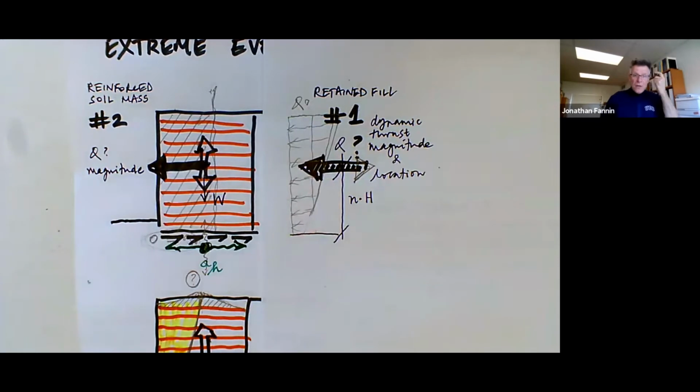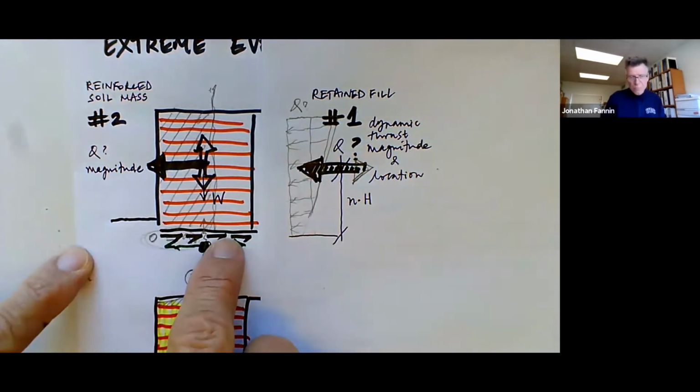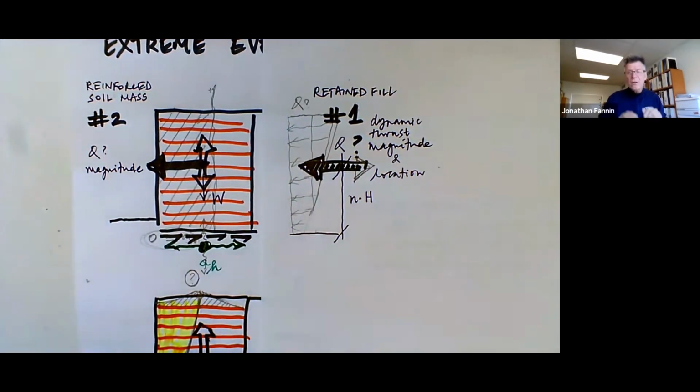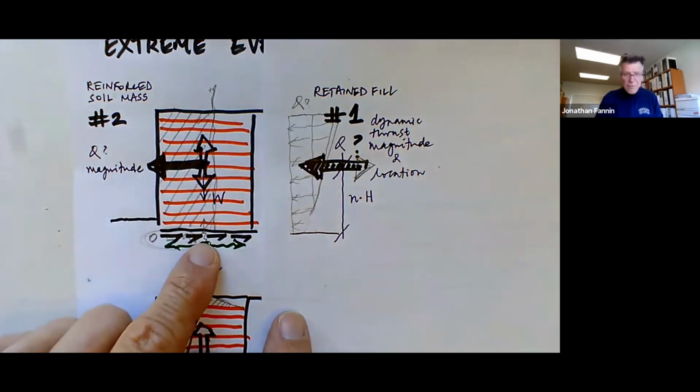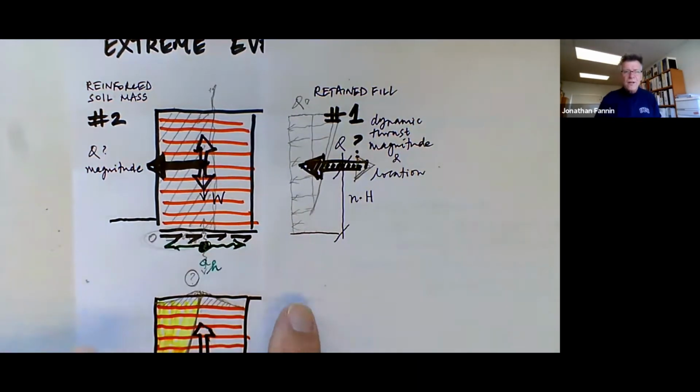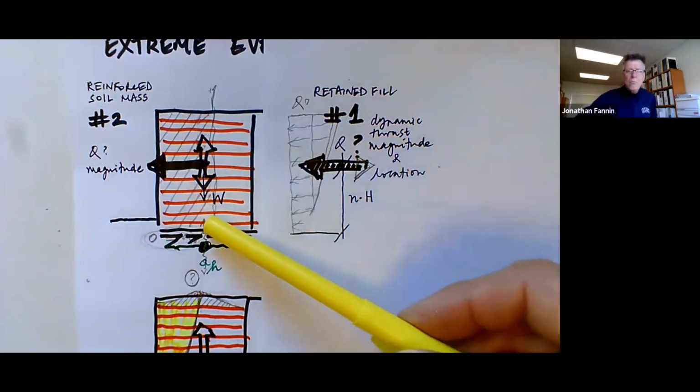And then in terms of capacity, sliding's probably going to be our biggest concern. Things may change in the foundation. Witness the group that Amy was in, and are we going to suffer lateral spreading or liquefaction there? There was also the comment as to whether or not we induce excess pore pressures.